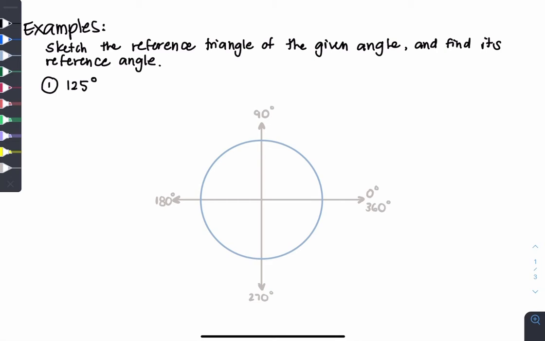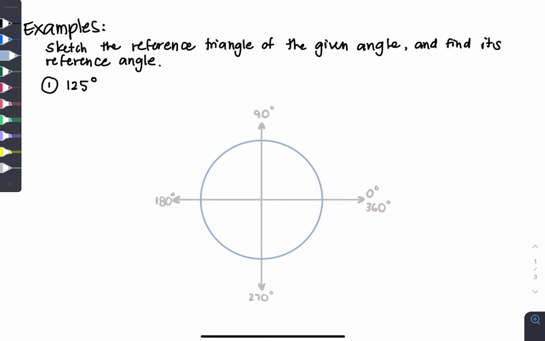So for number 1, we want to sketch the reference triangle of 125 degrees. When we do that, the first thing we need to figure out is what quadrant the terminal side lands in.